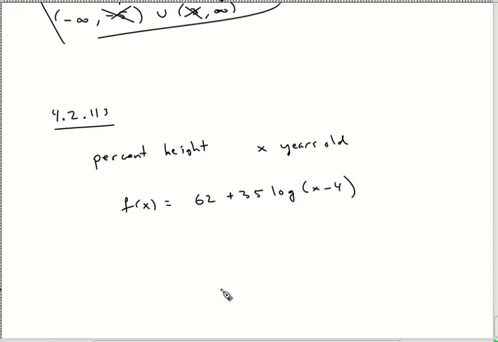And they say that we're looking at age 7. And so guess what? X is equal to 7. Wow. And then you plug it in right there. And then you get a number.